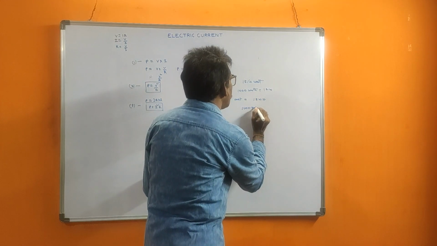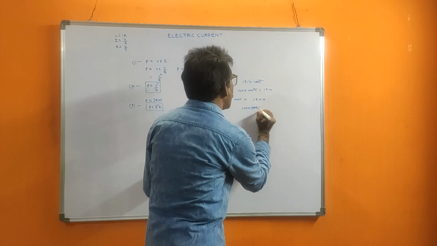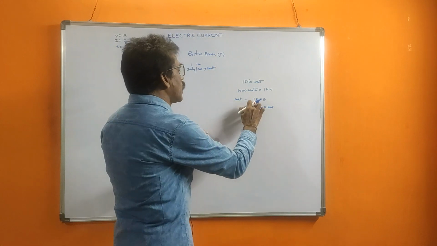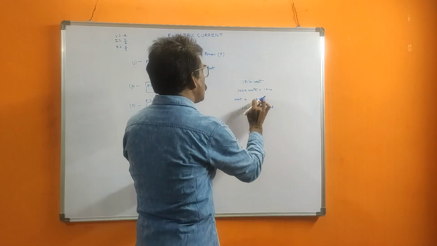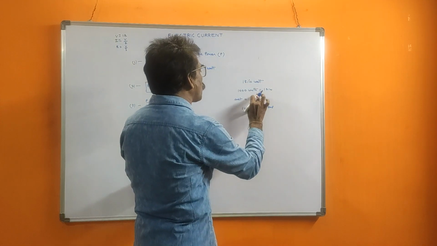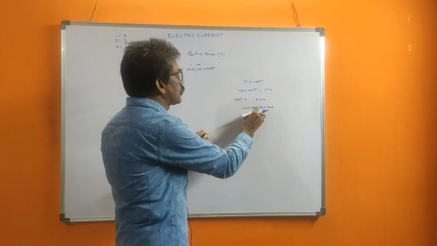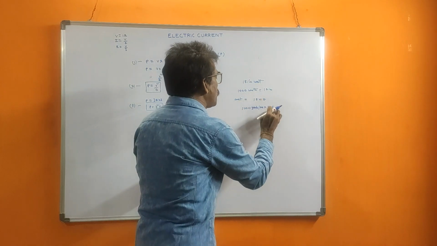1 kilowatt hour means 1000 joules per second into hour. 1 kilowatt means 1000 watts. Here the unit is joules per second, into time in hours.